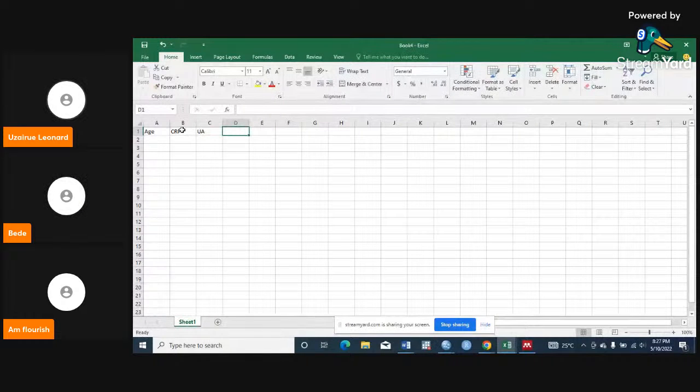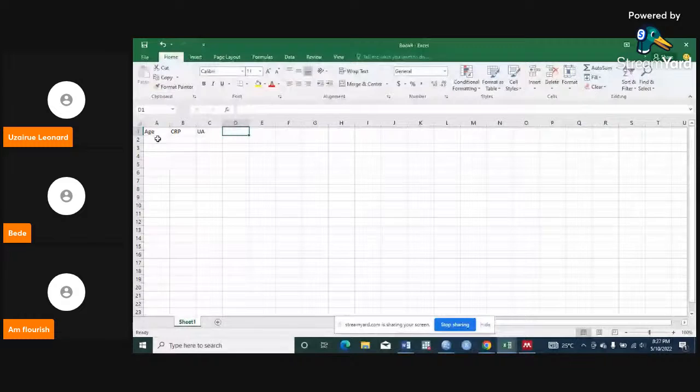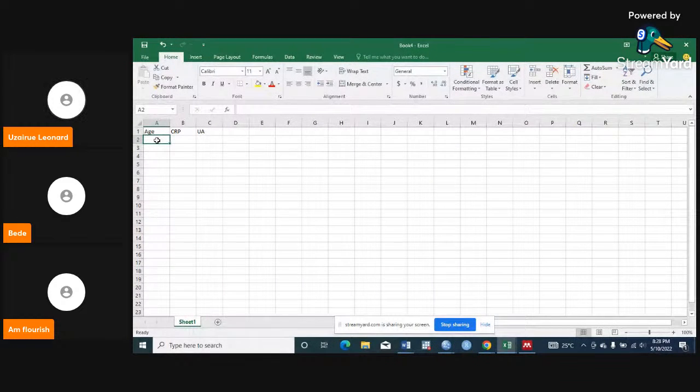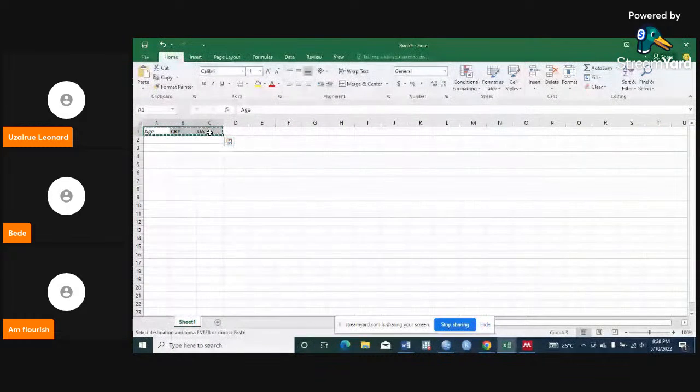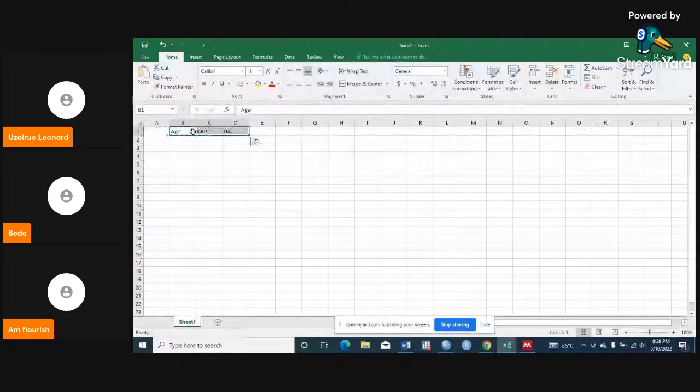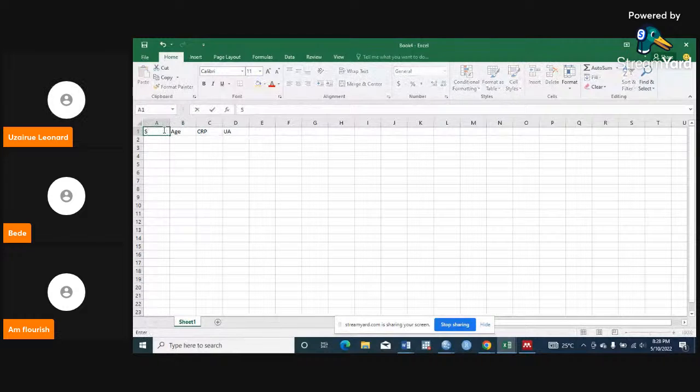So you collected age, you collected C-reactive protein, then you collected uric acid. Now let's assume this is your work. This should be the serial number.